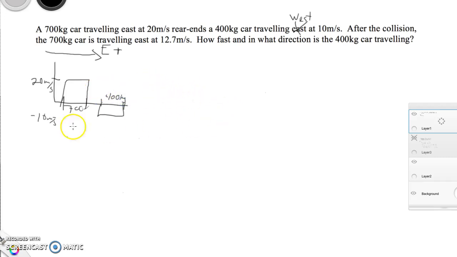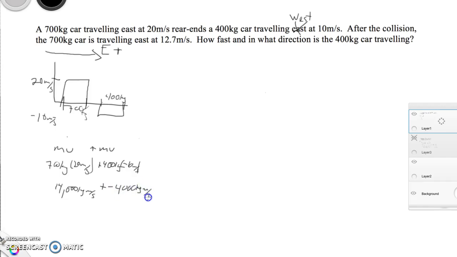Now, before we even look at our after chart, we can already find the momentum of this system before they collide. 700 kilograms times 20 meters per second is 14,000 kilogram meters per second. For the other one, 400 kilograms times negative 10 meters per second gives us negative 4,000 kilogram meters per second.